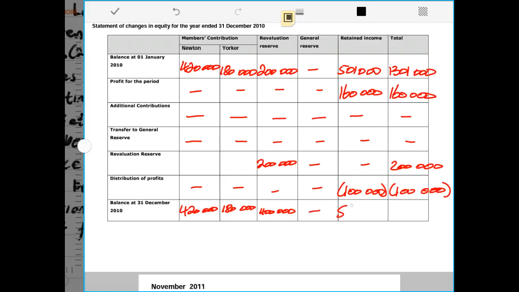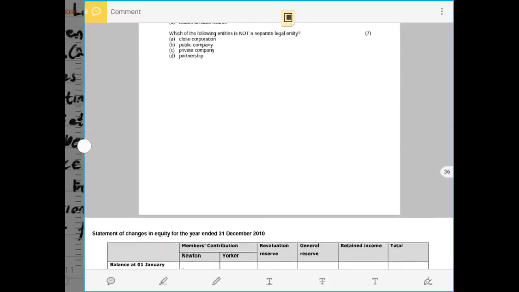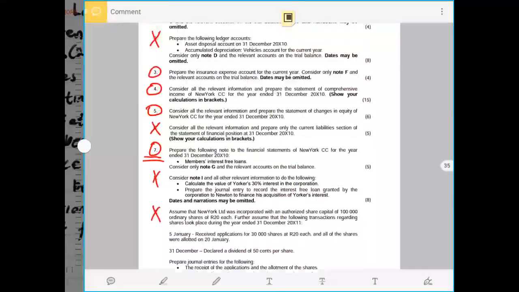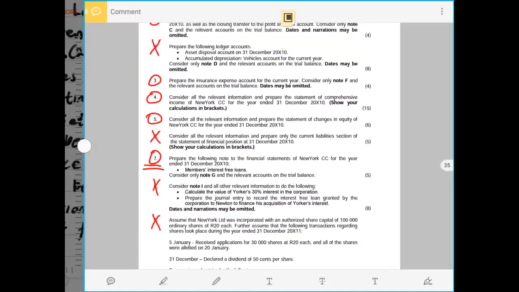We will have 561,000 rands, and the totals will be 1,561,000 rands. So now with that we are completely done. Then we do the last section, and the last section is to deal with the loans.